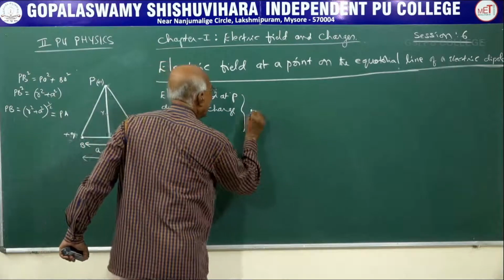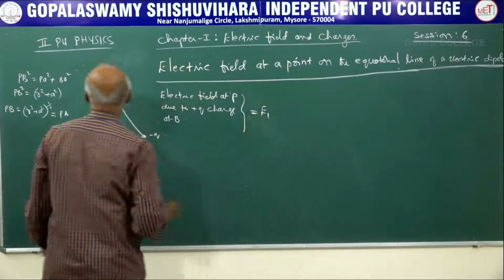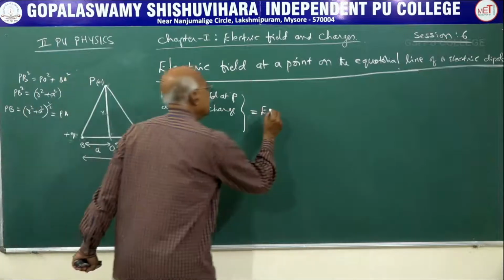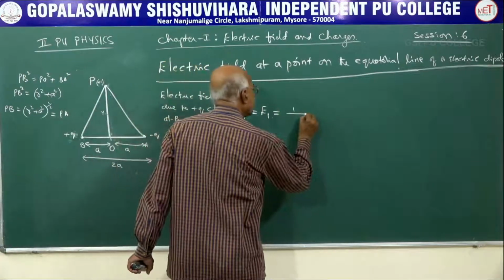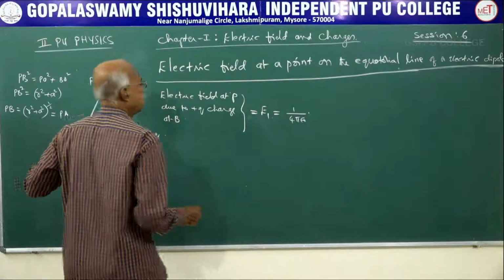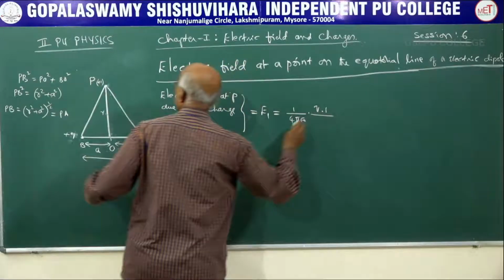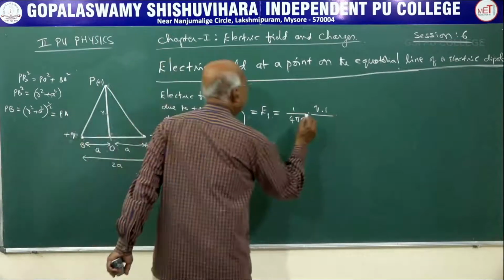Now, we will call this E1. So E1 will be equal to 1 over 4 pi epsilon naught. The strength of the charge is Q. The strength here is equal to 1. The distance of separation is PB square.